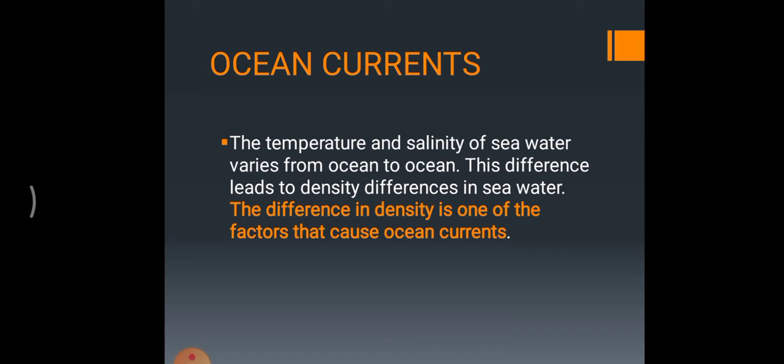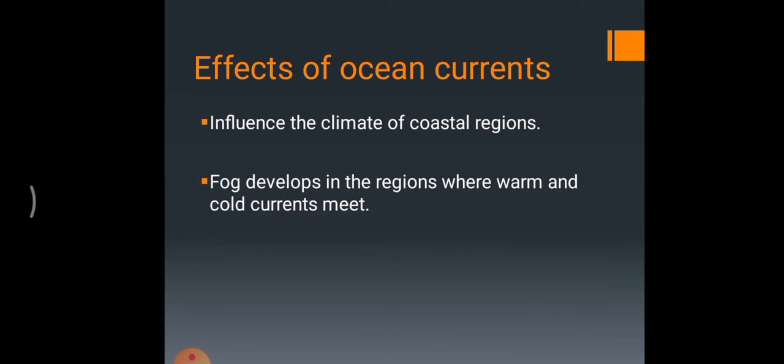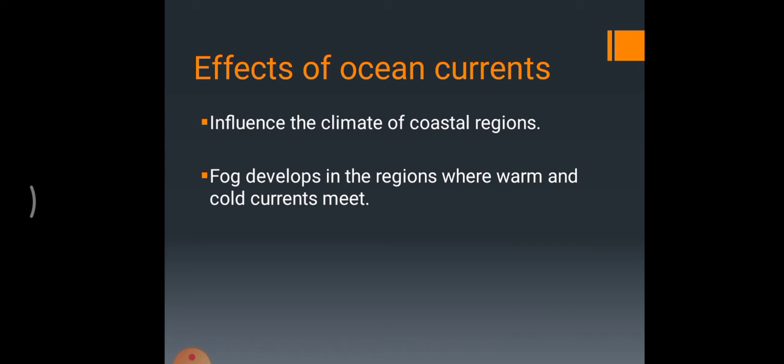Now we are going to look at the effects of ocean currents. What are the effects of ocean currents? Ocean currents influence the climate of coastal regions. Fog develops in the regions where warm and cold currents meet.